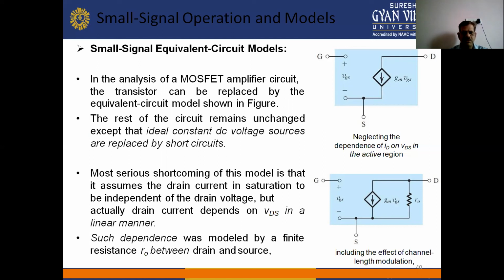Such dependence can be modeled by a finite resistance ro between drain and source. So the first figure shows neglecting the dependence of iD on vDS in the active region, and this is the small signal equivalent circuit. The second one is also a small signal equivalent circuit model, including the effect of channel length modulation.